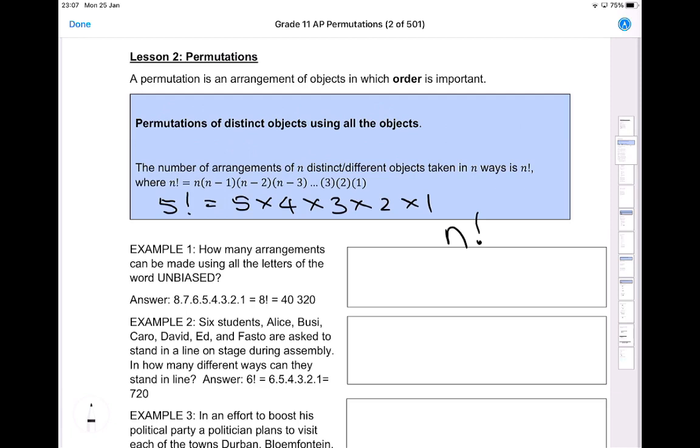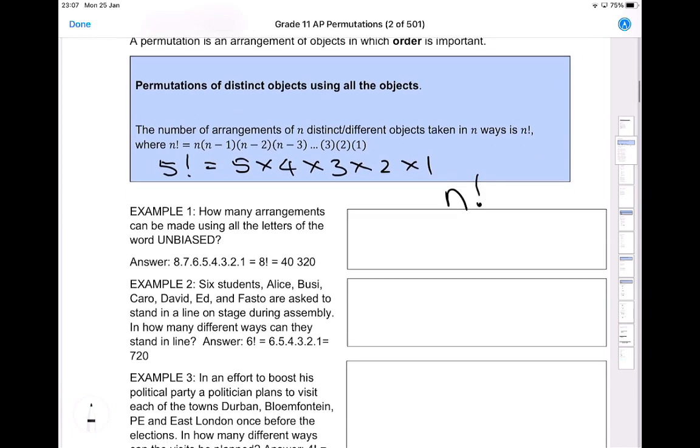But let's look at examples so that this thing makes sense. Here is example 1. It says how many arrangements. You see, those are arrangements, which means we're permuting. So how many arrangements can be made using all the letters of the word unbiased? You know, those letters can be rearranged.